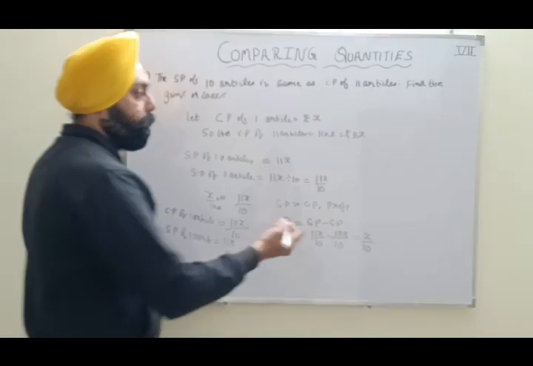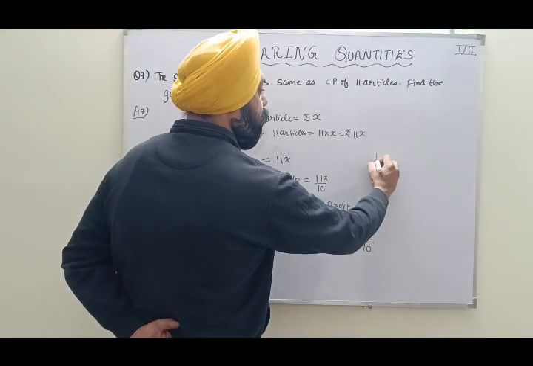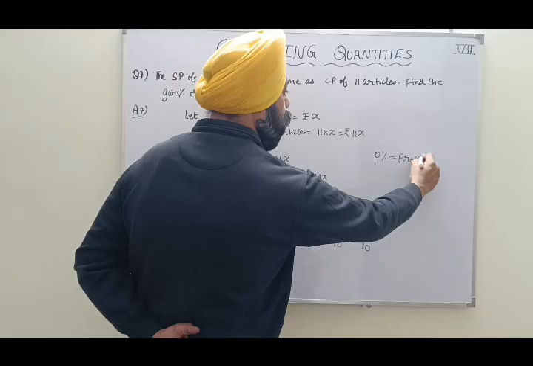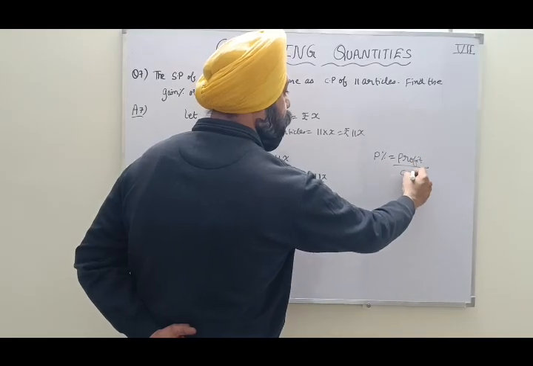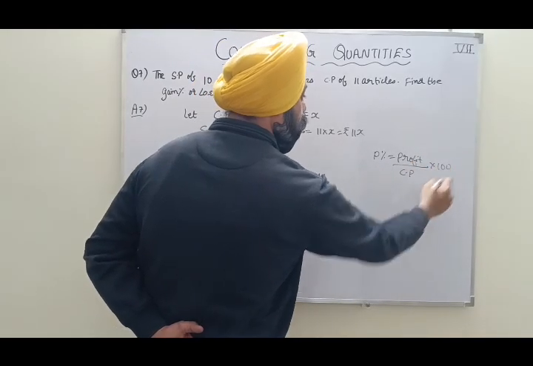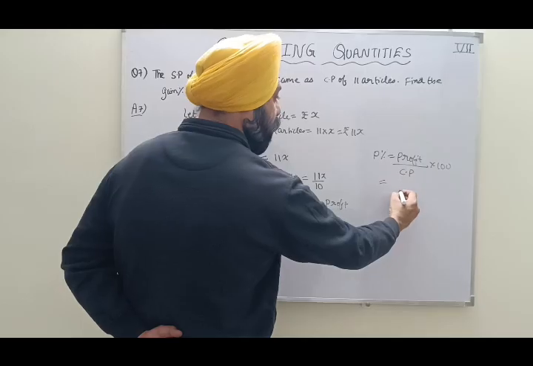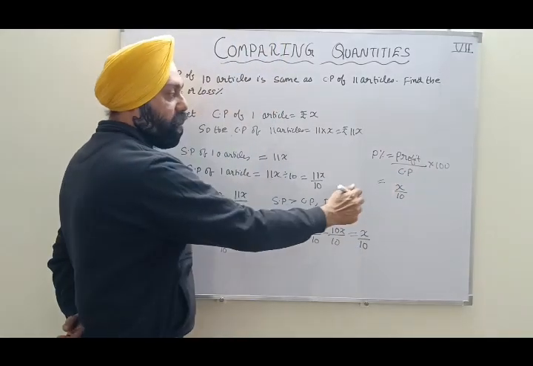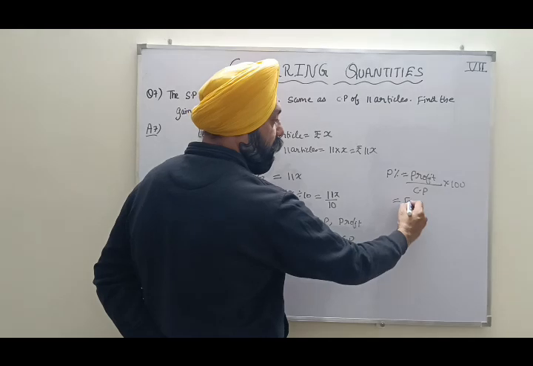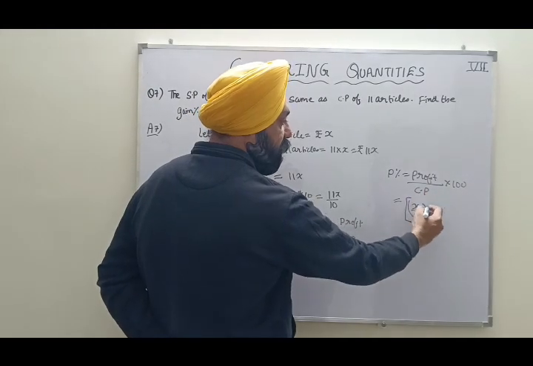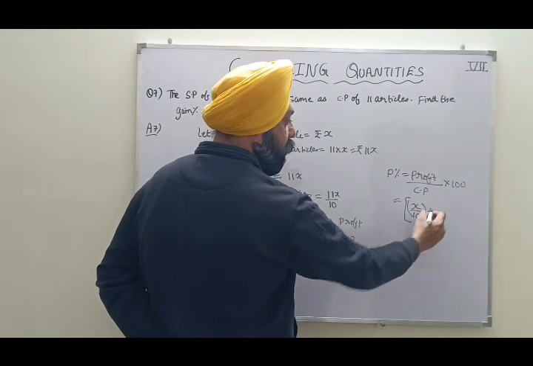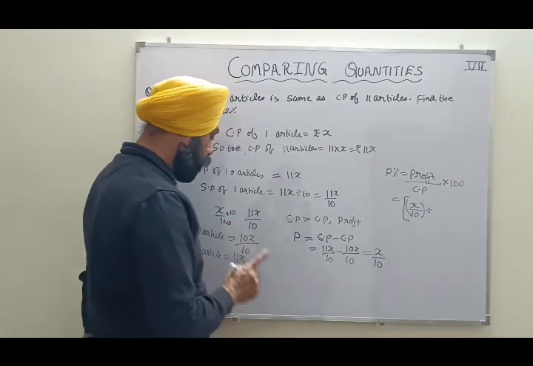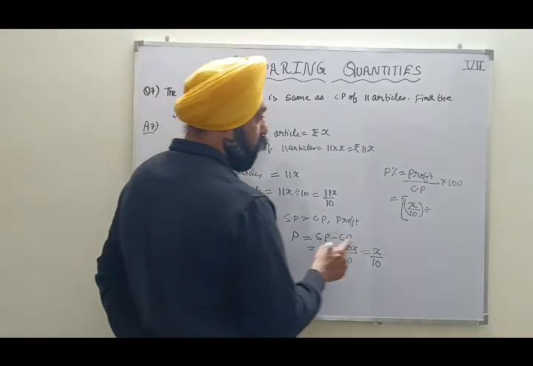So now moving on to the last part, we have profit percent is equal to profit upon CP into 100. So profit is X by 10, and because it is in fraction form, it is convenient to put it in brackets, and because CP is dividing, we write the divide sign followed by the cost price of one article.